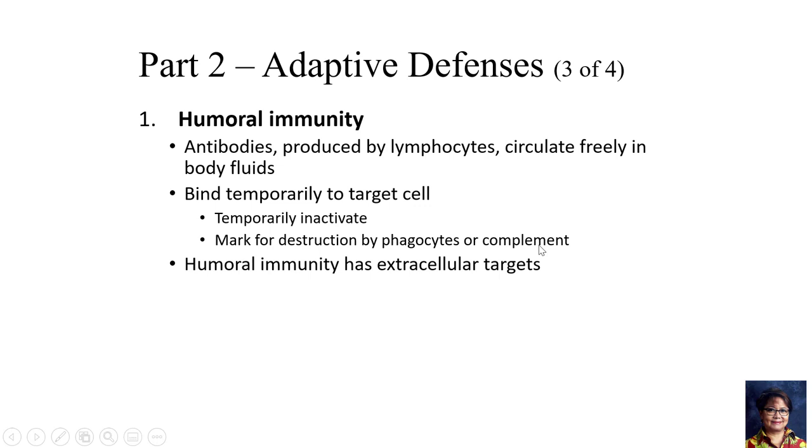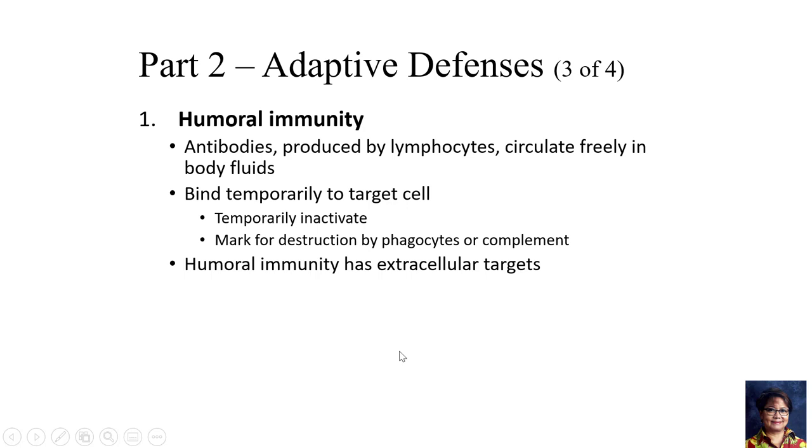The humoral immunity, this will be your lymphocytes forming the antibodies. They are freely circulating the antibodies in the blood. They bind temporarily to the target cell, and they would temporarily inactivate the action of the target cell.